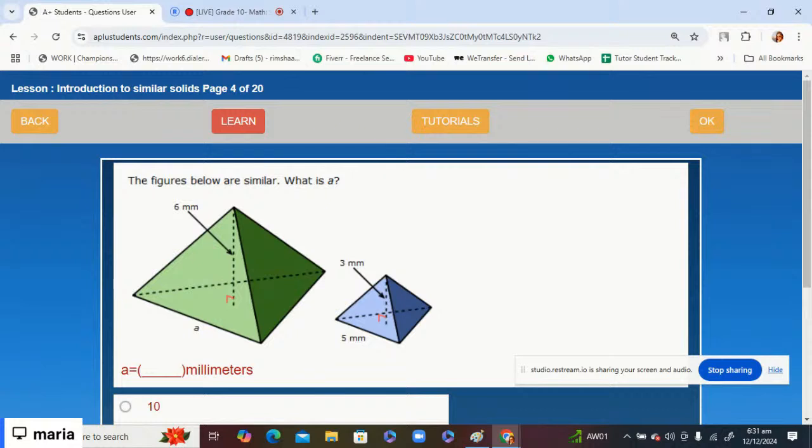Now you solve this one, guys, and then tell me the answer. The figures below are similar. What is a? Divide 6 over 3 and then a over 5. 6 over 3 and a over 5. Let's see.